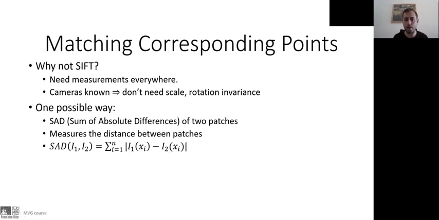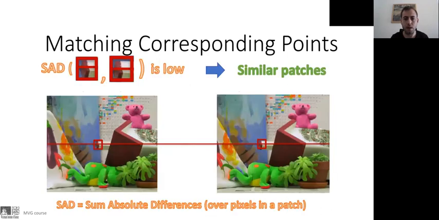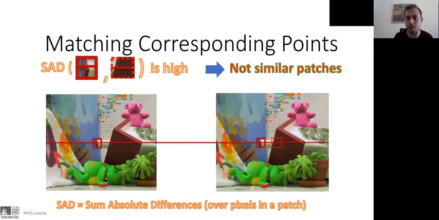So that's a very simple metric. Basically, if we get low distance between patches, we say that they are similar. But if we get a high distance, we say that they are not similar, and we will not choose the disparity for patches with high SAD.